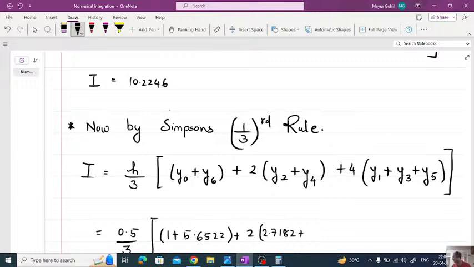Then y4. How much is y4? Are you telling me the final answer? Is it the final answer that you are telling?